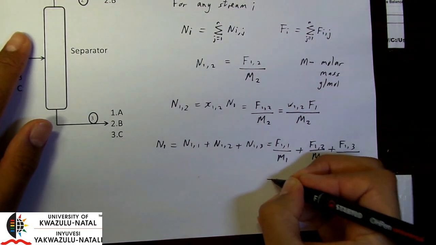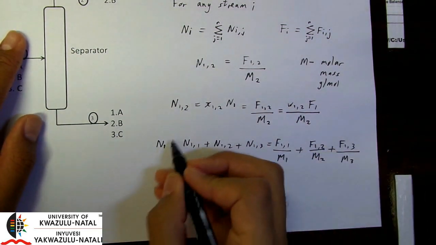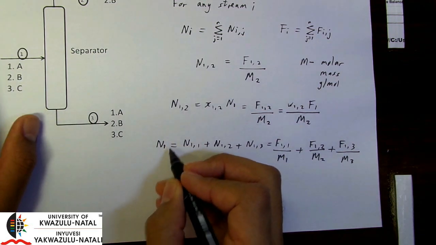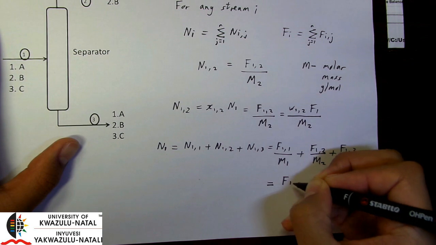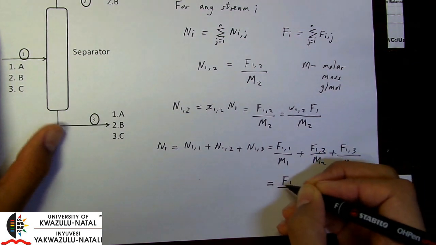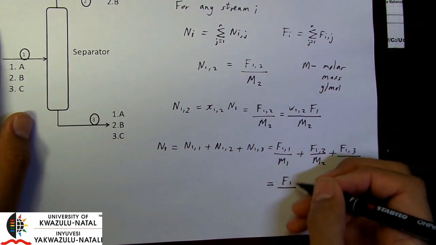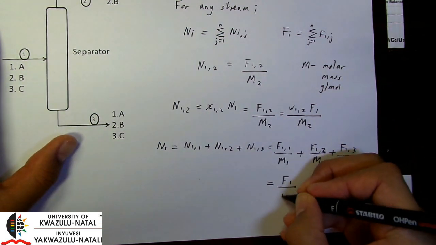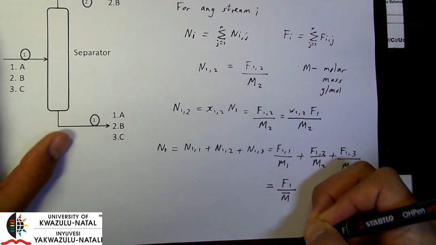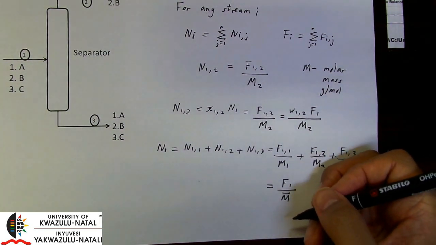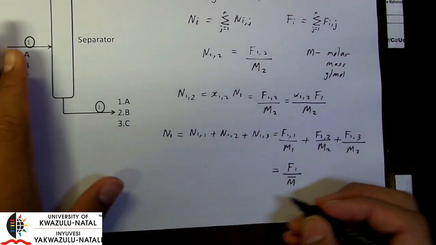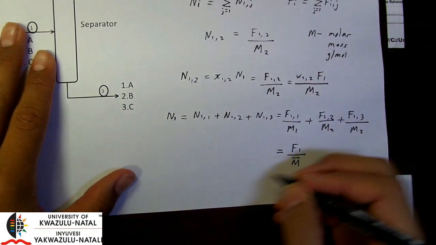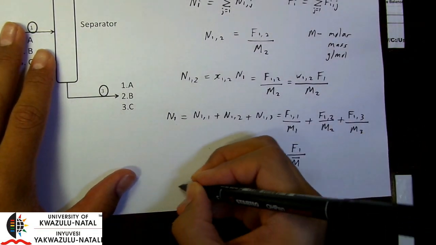Or we can express our total molar flow rate of stream 1 in terms of the total mass flow rate of stream 1 over this M bar, where M bar is a mole weighted average of your molar masses of all of the components.